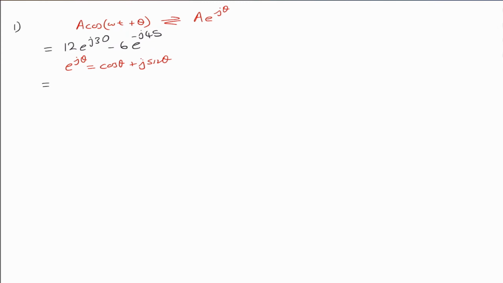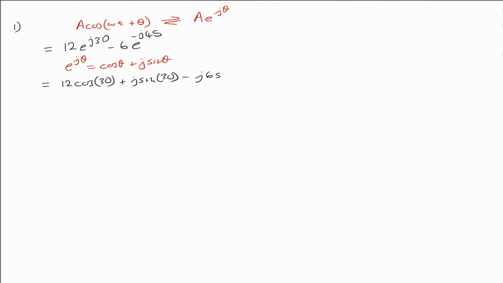Now our expression simplifies to 12 cosine 30 plus j sine 30 minus 6 cosine 45 plus j 6 sine of 45.